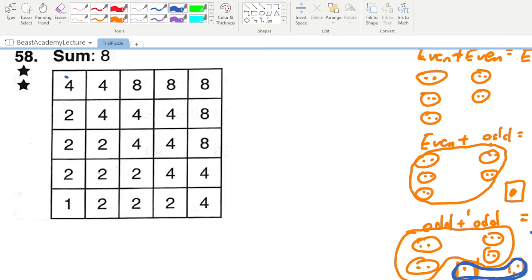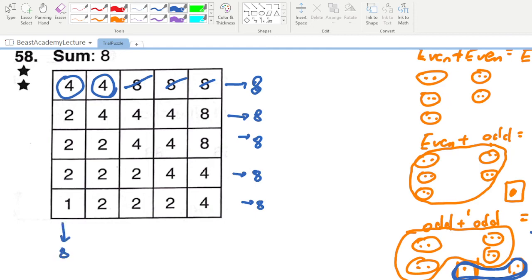For example, if you leave the number 4 and 4, you need to take out 8, 8, 8, because for the first row the sum needs to be 8. The sum of the numbers you leave on this grid for each row needs to be 8, and the sum of the numbers you leave in each column also needs to be 8.